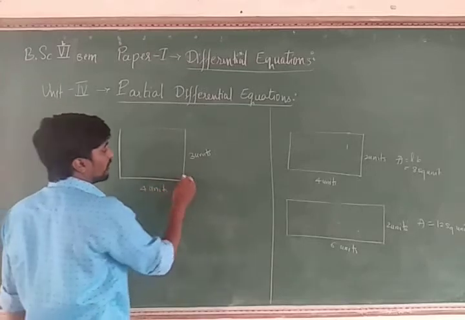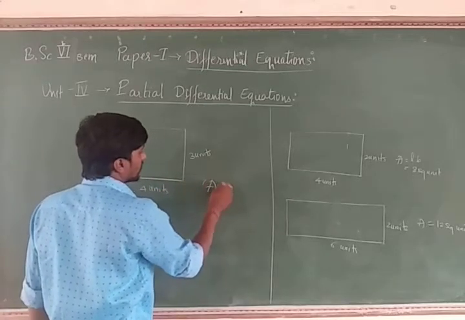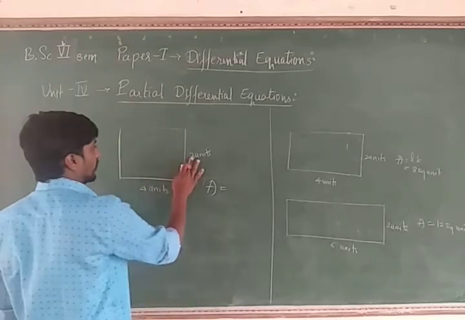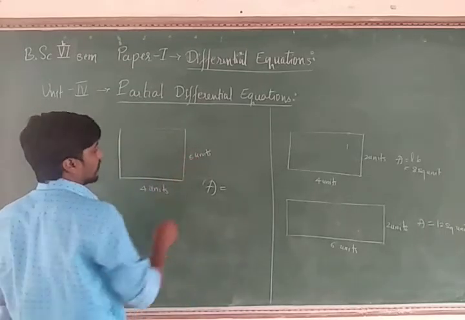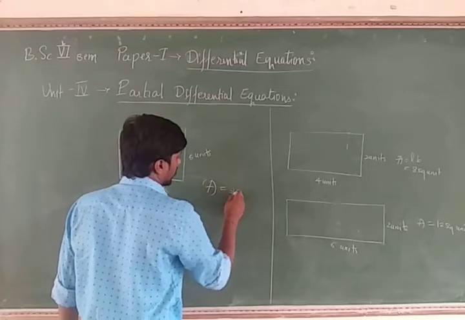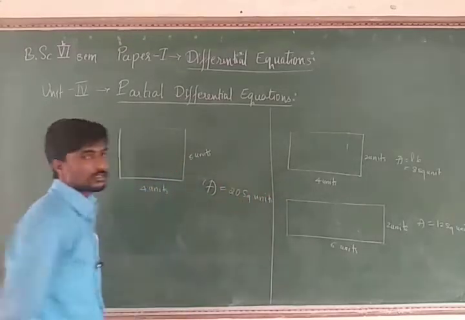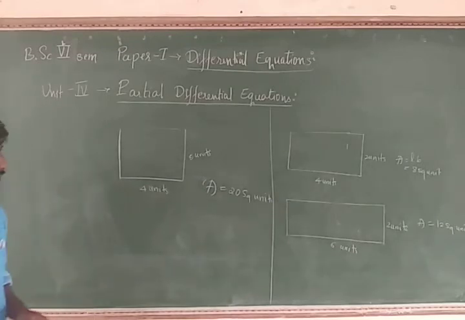So now the area is equal to length into breadth. Consider this as 5, so it is very easy to understand, in square units.